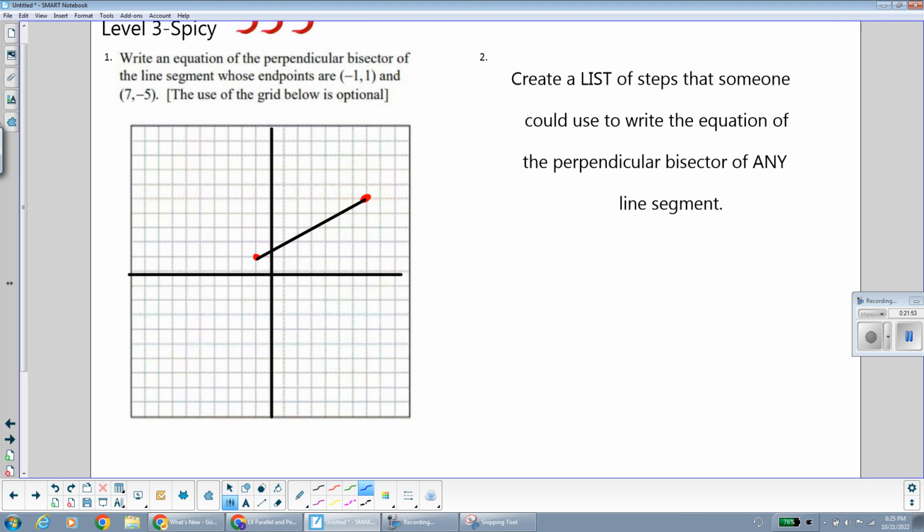So first I'm going to find the midpoint of the line segment. Just like before, I'm going to average the x coordinates, and we're going to average the y coordinates. And that gives us 6 over 2 is 3, 4 over 2 is 2. 1, 2, 3, 1, 2.